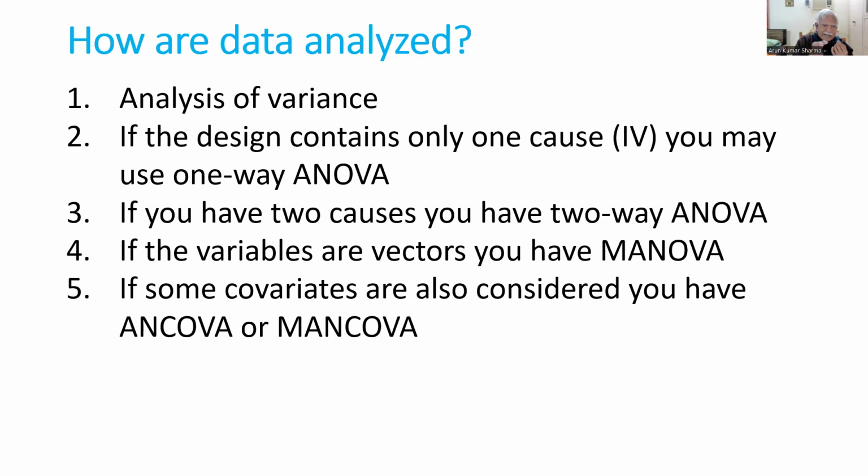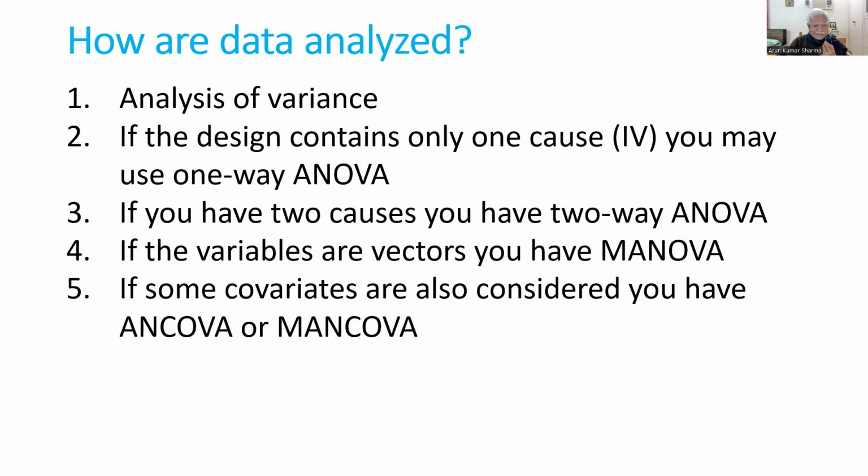The analysis of variance uses F ratio and F distribution, which has two degrees of freedom, one of numerator, another of denominator, and it compares variance between groups with variance within groups. There are statistical ways of fixing thresholds beyond which you can say that there are significant differences or below which there are insignificant differences.